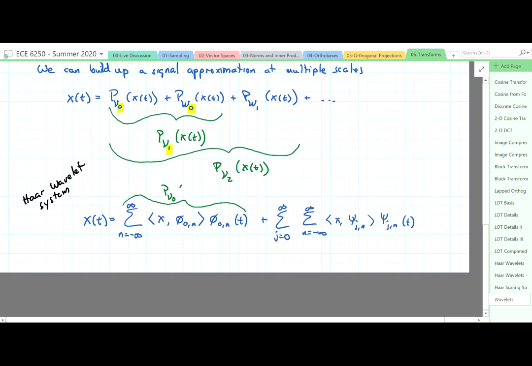Okay, so this first term is just a projection onto V naught. So what's going on here?